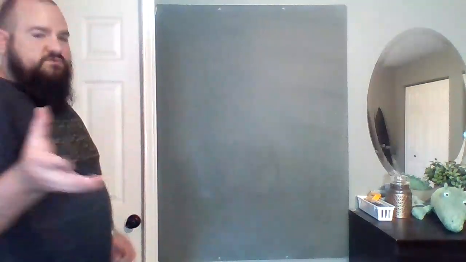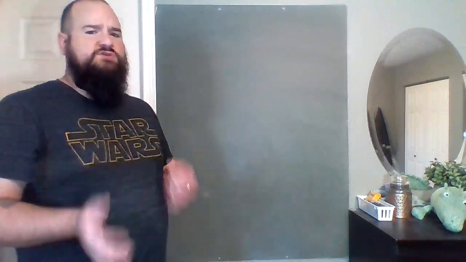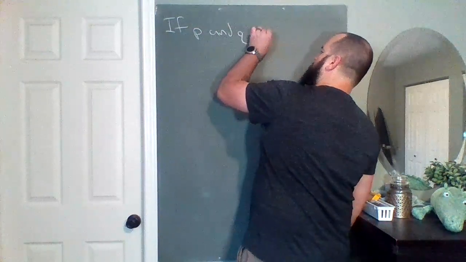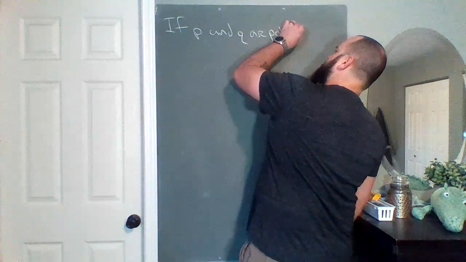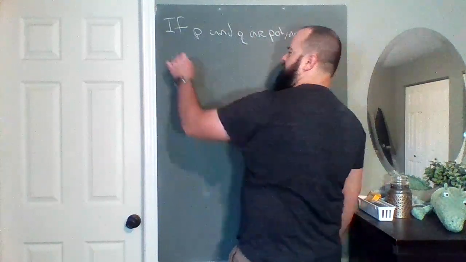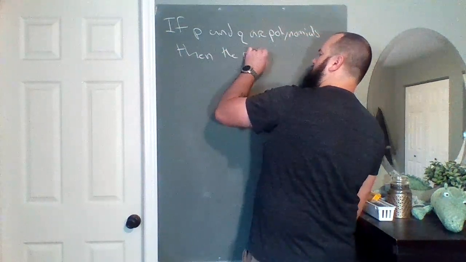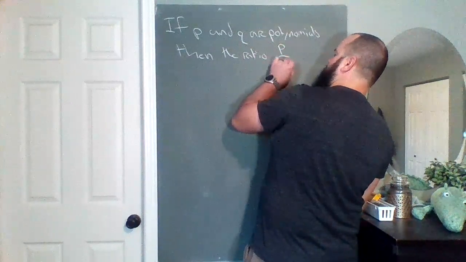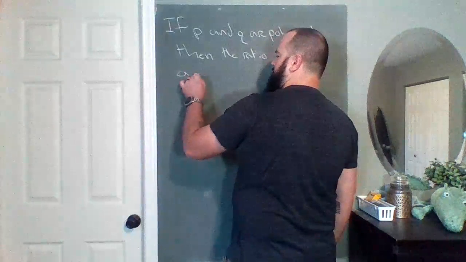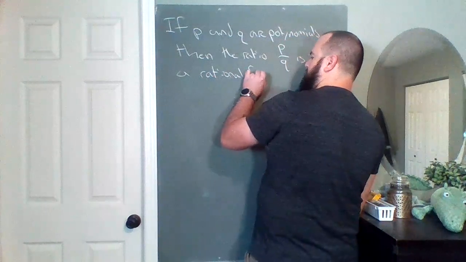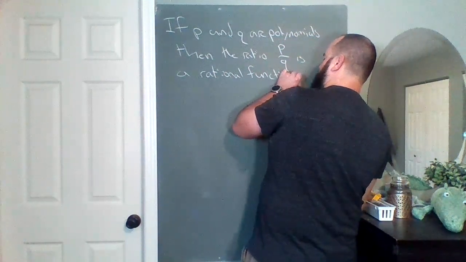Okay, so first off, what is a rational function? A rational function is a ratio of two polynomials. So the way we define it, we say if P and Q are polynomials, then the ratio P over Q is a rational function.